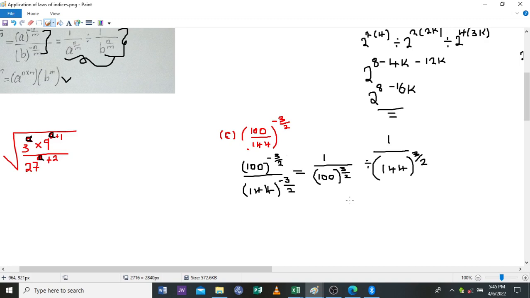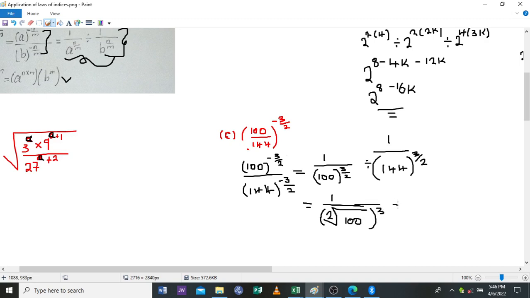Laws of indices, right? Now from here, this can mean that we have 1 over square root of 100, because the power there means we have 2, and inside there we have 100. Now, this denominator we have is raised to the power 3.